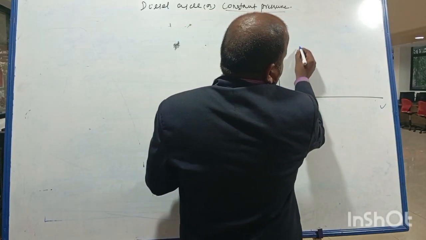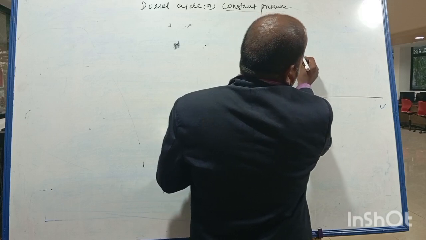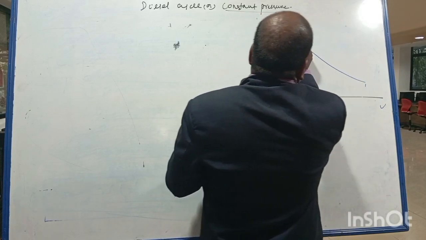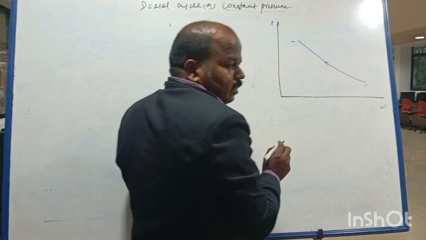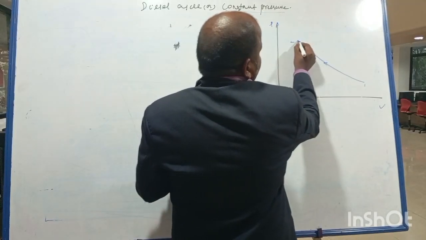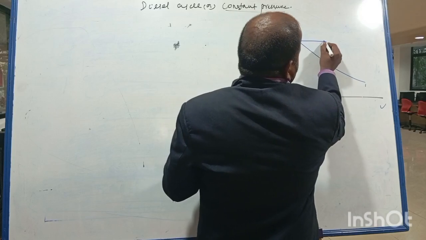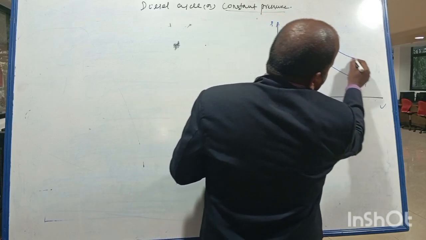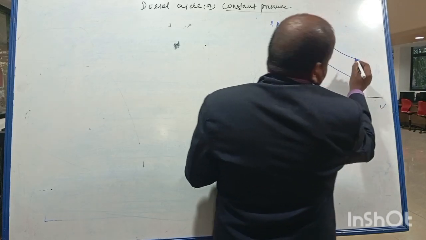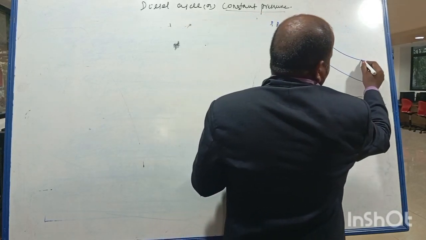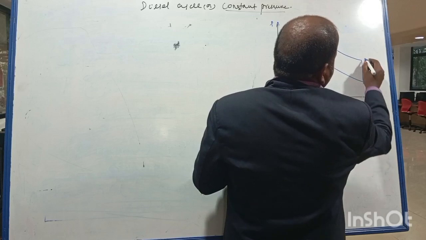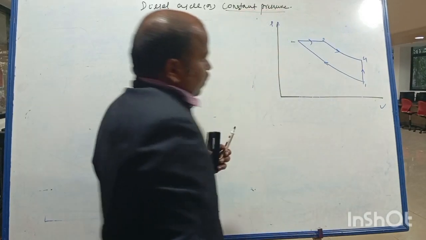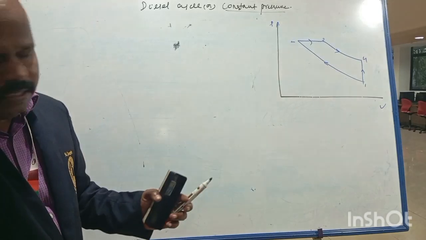Similarly, 1 to 2 is adiabatic compression, 2 to 3 is constant pressure heat addition, 3 to 4 is adiabatic expansion, and 4 to 1 is constant volume heat rejection. This is point 4. So this is the PV diagram for the diesel cycle.